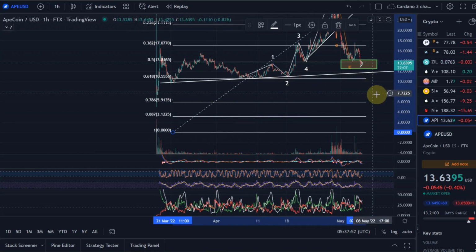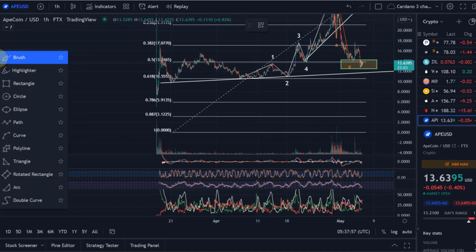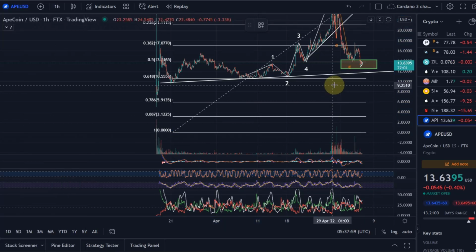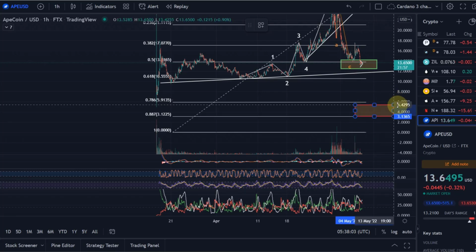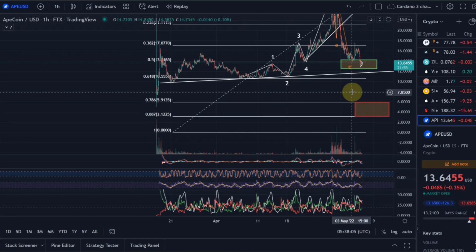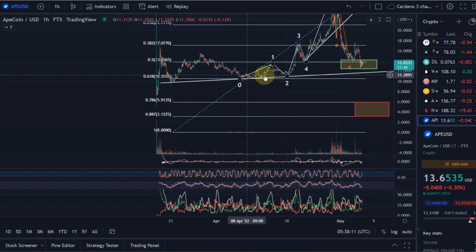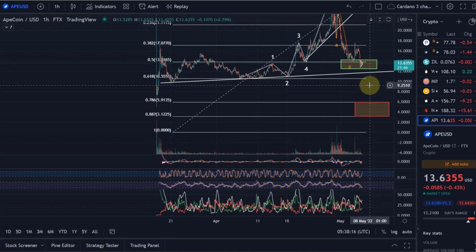So we could then expect prices in the region of $3.12 and $5.91. That is nothing I would primarily expect now, but this will become the primary as soon as we drop below the ascending trend line. I will make you aware of that, and until that happens, this is for me critical.